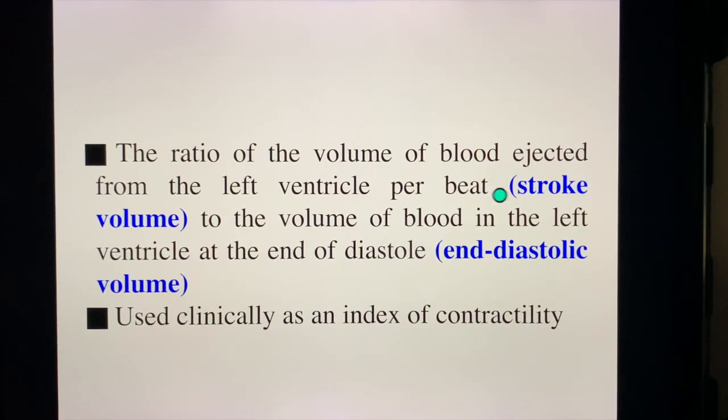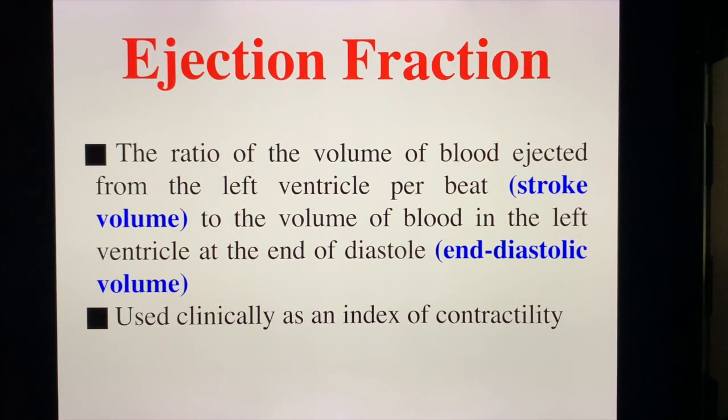This is your ejection fraction, which is used clinically as an index of contractility. The most widely used diagnostic tool for measuring the ejection fraction is the 2D echo.